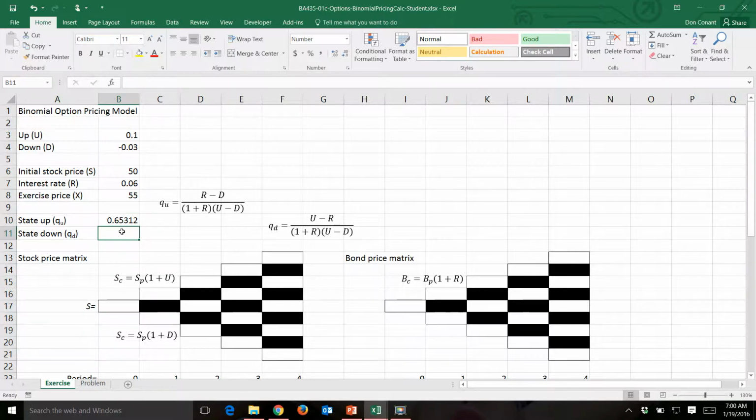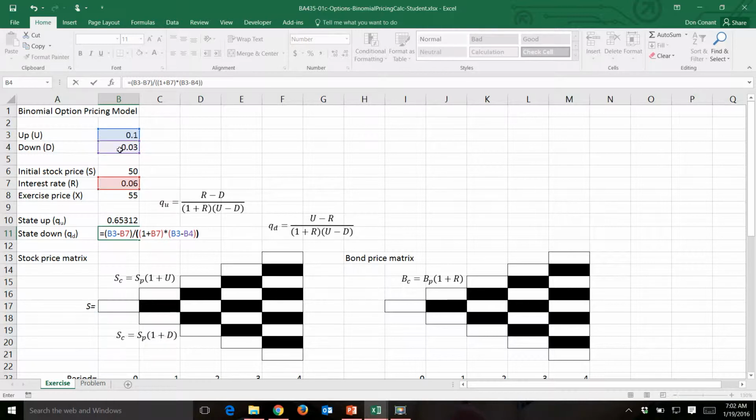Now we'll calculate the probability of state down. First we'll get the numerator equals U minus R. There's the numerator, divided by, get the denominator, 1 plus R, that quantity, times U minus D, that quantity.